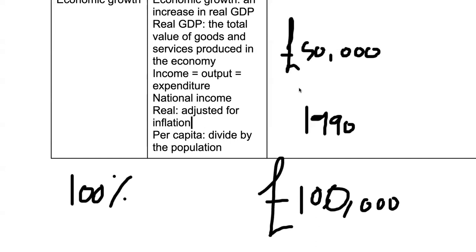Also the per capita thing, that's more useful. So real is useful for comparing over time. Per capita is useful for comparing different countries. So for example, if you say the real GDP is a certain number here and a certain number in India or China, well, India and China have massive populations, so you'd expect that number to be higher. So it's better to compare per capita to have a rough idea of living standards.